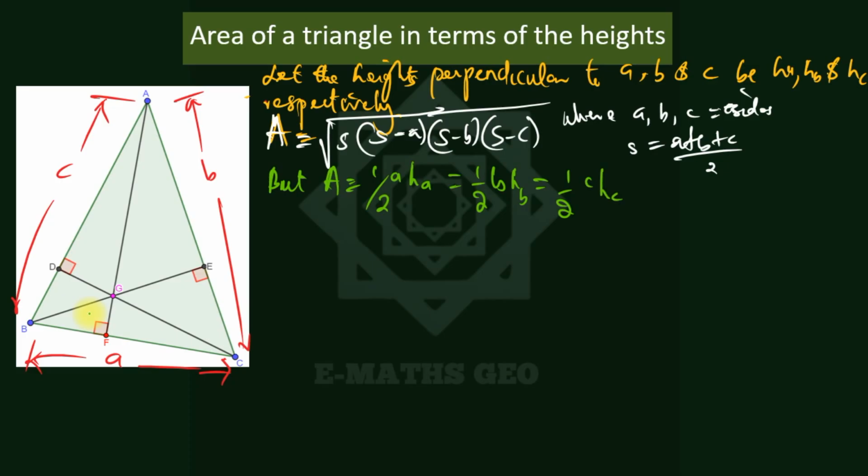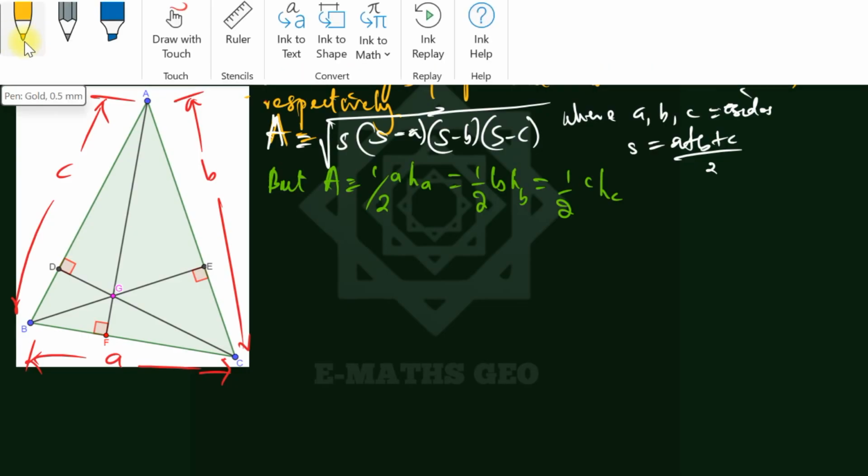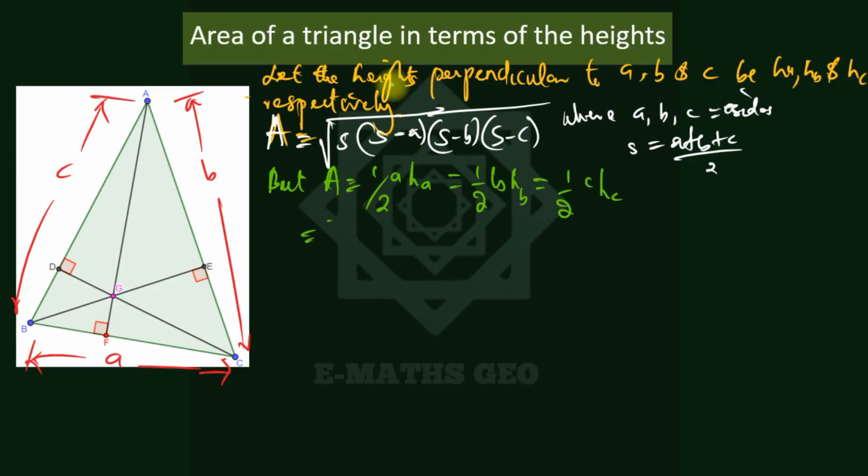If we make each of the sides the subject of the formula, A is 2A over HA, B is 2A over HB, and C is 2A over HC. We want to substitute the sides in terms of the area and the height, that's why we made them the subject.